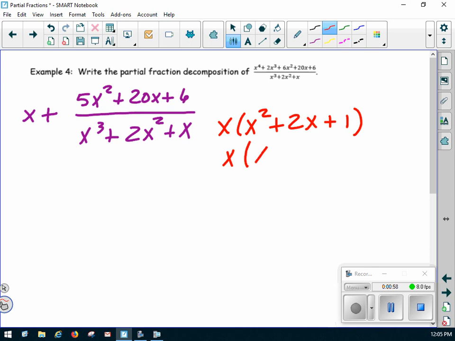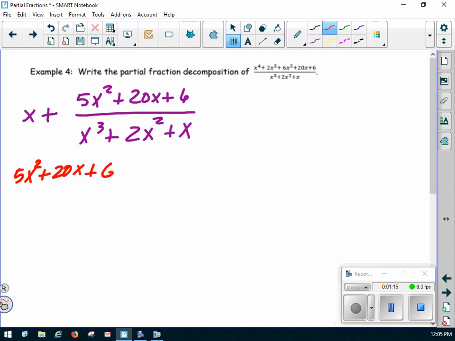X plus 1 times x plus 1. In a partial fraction decomposition, you're going to have to write it like so. So that's going to be our denominator. So I'm going to have 5x squared plus 20x plus 6 over x times x plus 1 quantity squared.